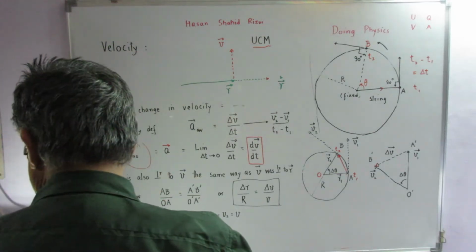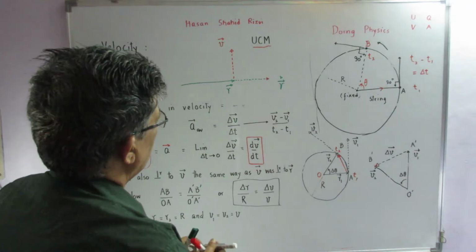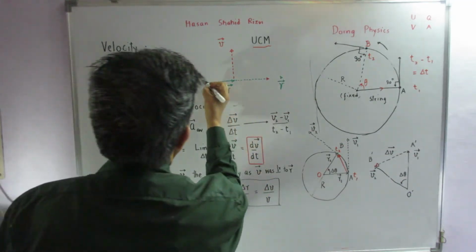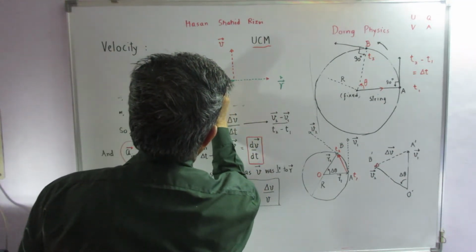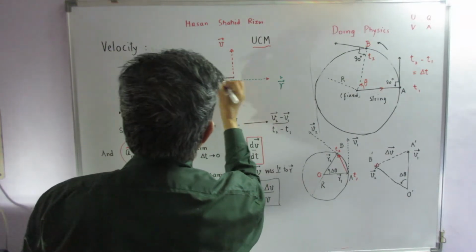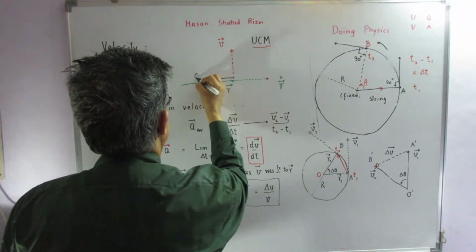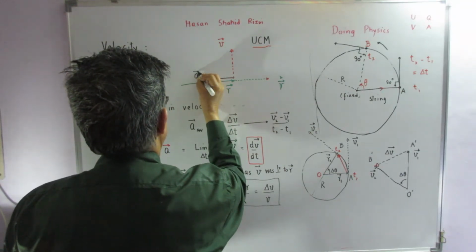By acceleration vector, I am just displacing it a little bit so that it can be seen by you easily and appreciated. Then this vector is the acceleration vector.